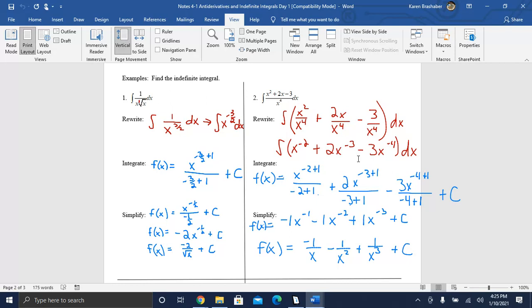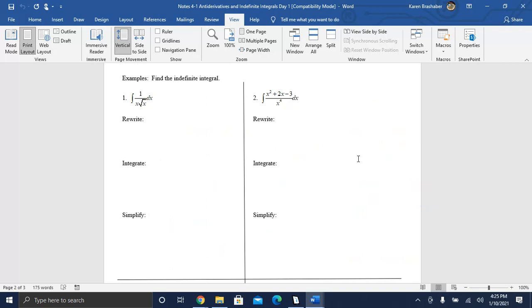And it may be the case that later on we have to get common denominators, but for this lesson, we will leave our answer in that separated form. So those are your first two, and are two good examples of the rewriting that needs to happen to do your integration. So I'm going to clear the screen and we'll scroll up and do the last two.